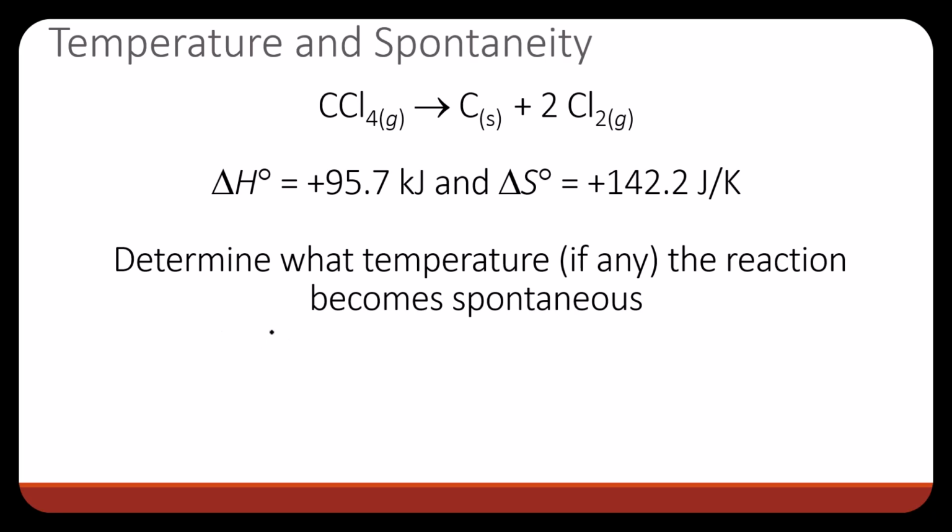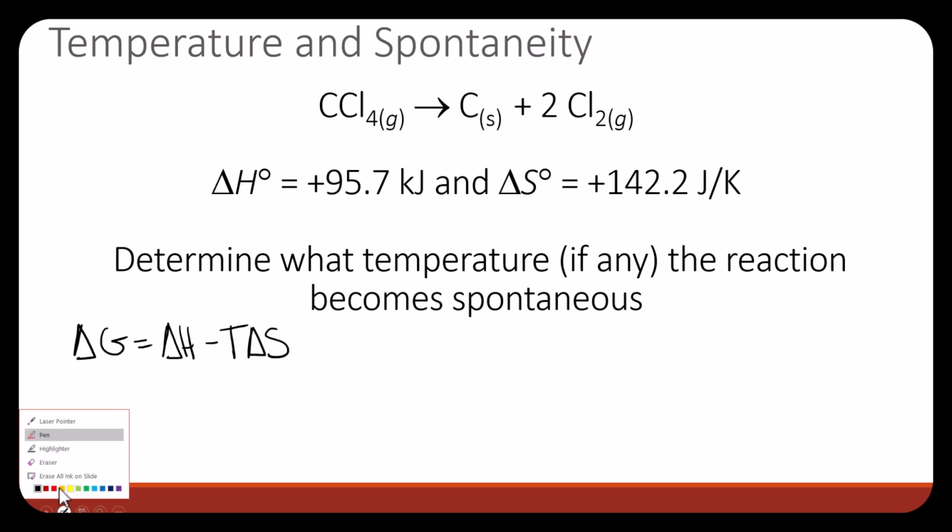Our equation, remember, is delta G equals change in enthalpy minus temperature times change in entropy. In this scenario, we are going to solve for temperature. This is the variable that we're solving for. So if we're solving for temperature, we must have a value for all of the other variables.